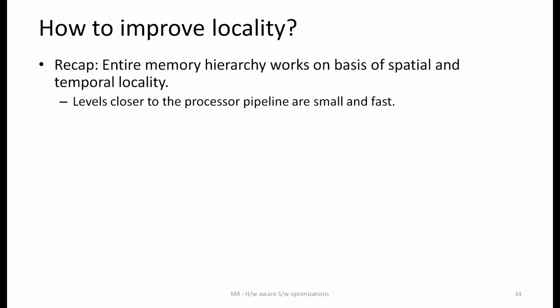The levels which are closer to the processor pipeline are typically small and fast, so any access that is a hit in these closer levels would be faster. On the other end, the levels which are farther from the processor are slower and huge in size, like our DRAM and SSDs.